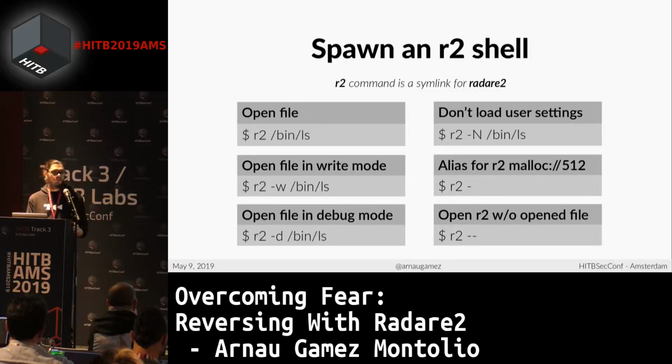It will open with 512 bytes of memory, so we can write in it and modify it. We can write whatever we want, and we can also save it to a file. And the second option is, I don't really want anything to be opened or memory to be allocated, I just want to look through the shell and its options. So with two dashes, it will spawn a shell, but it won't attach to any file.